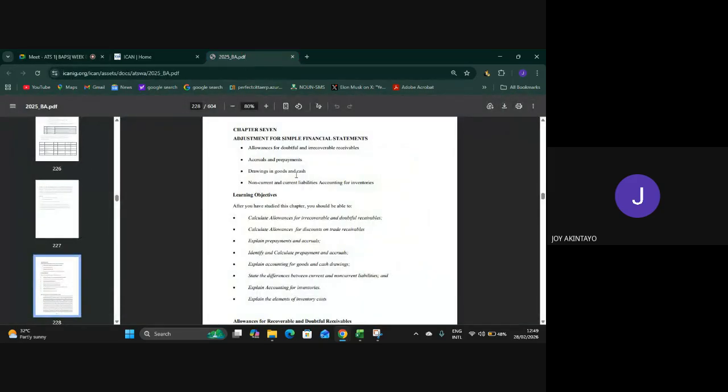Now, we have accruals and prepayments. How do we account for accruals and prepayments? We have accrued expenses and we also have accrued income. Accrued expenses are services we've enjoyed being rendered, but we are yet to make our payments.